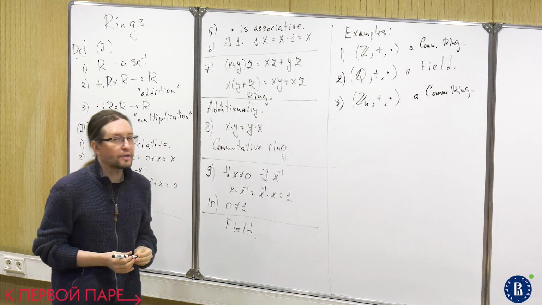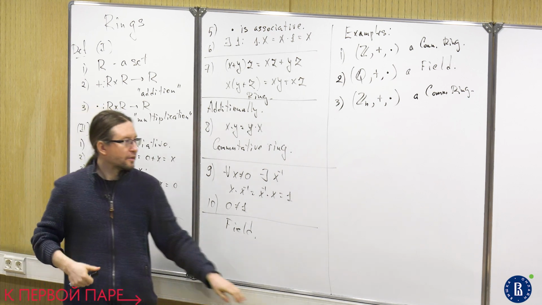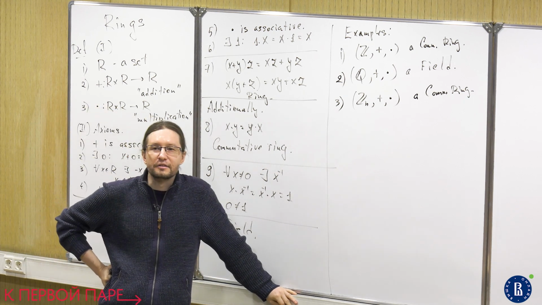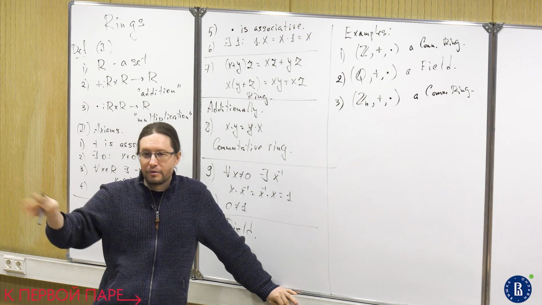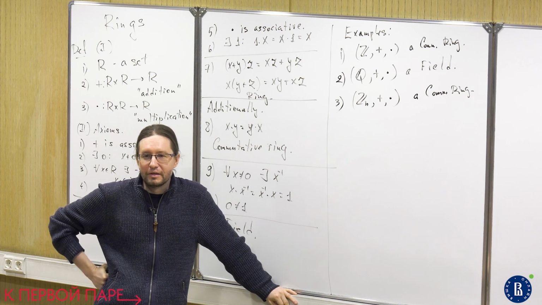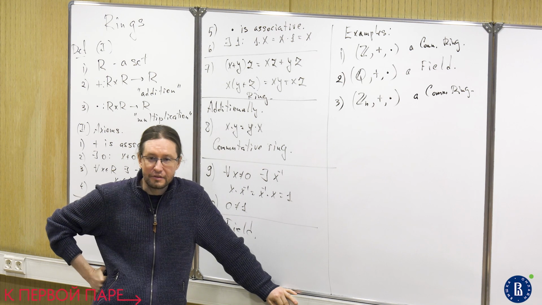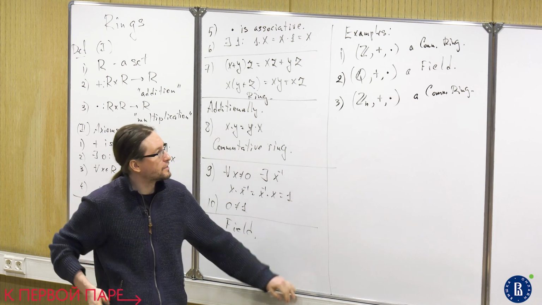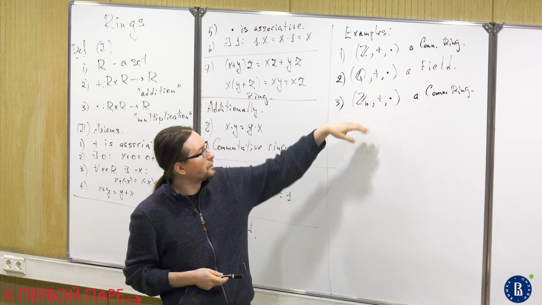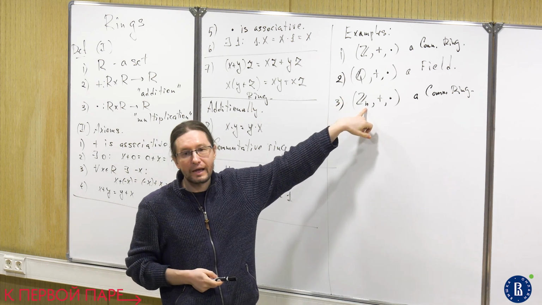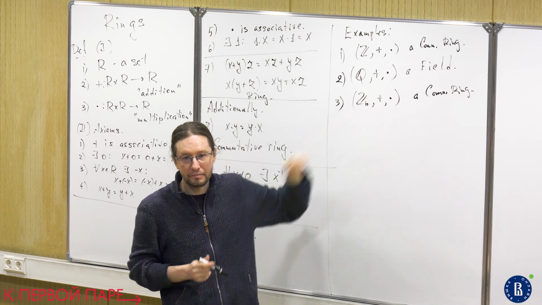Okay, 4. Okay, the right answer: you're both wrong, because it could be a field, it depends on n. It could be a field and it could be not.